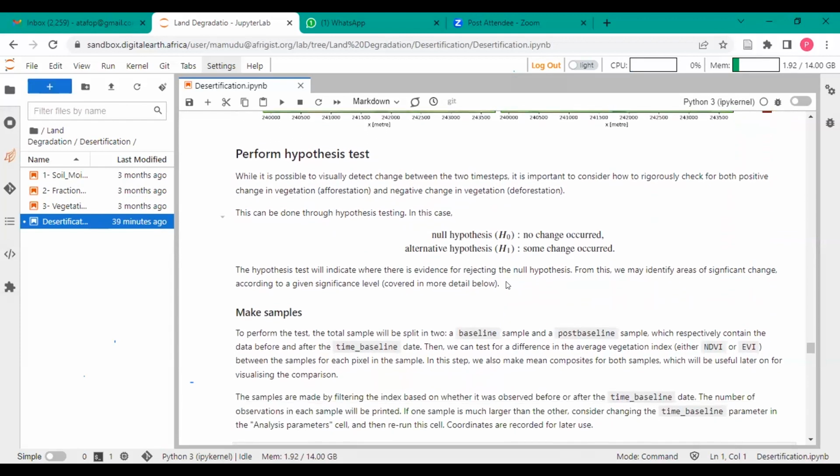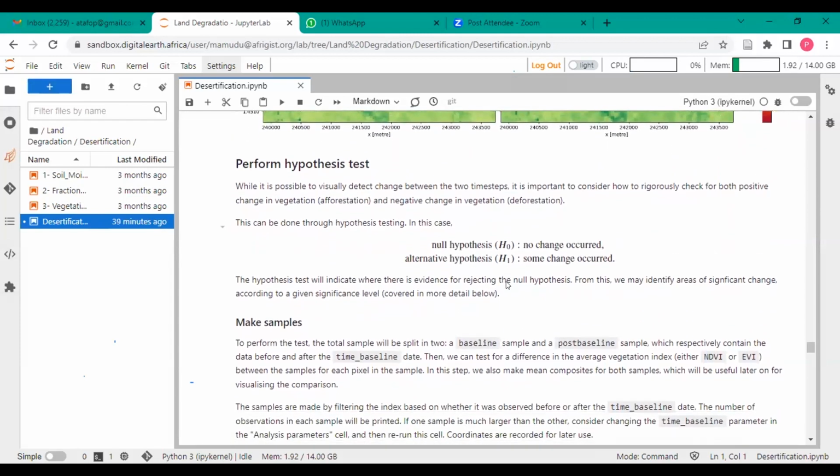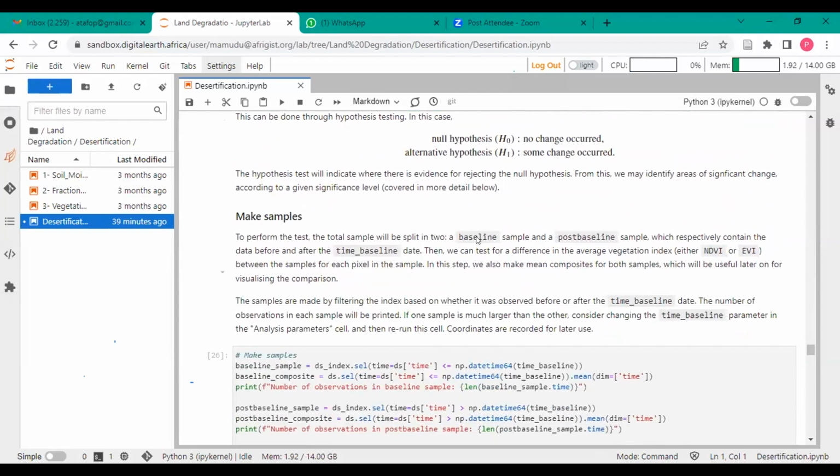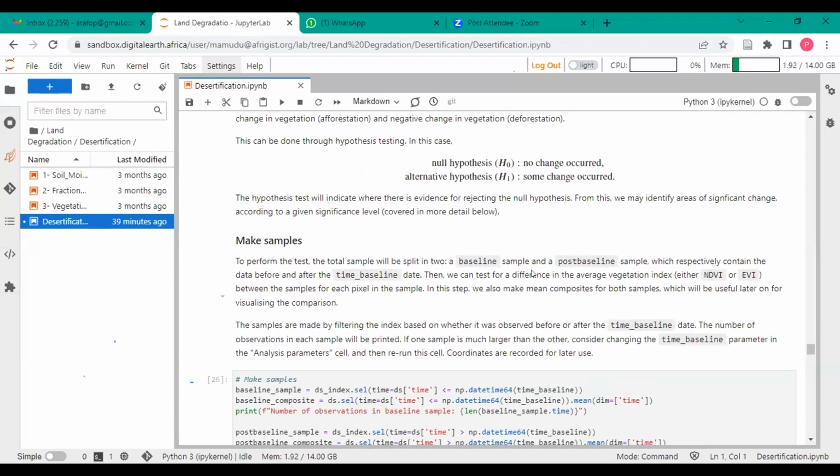And so to do that, we divided our data sets into a baseline data set and post-baseline data sets. So we have our study between 2015 to 2020. We chose our period between 2015 to 2017 as a baseline, and post-baseline to be 2017 to 2020.